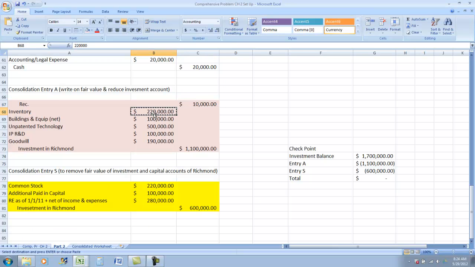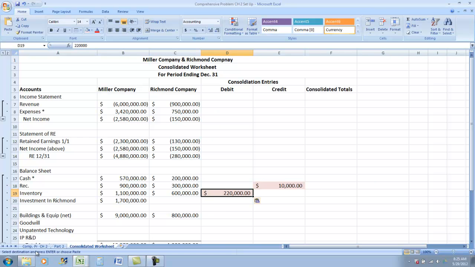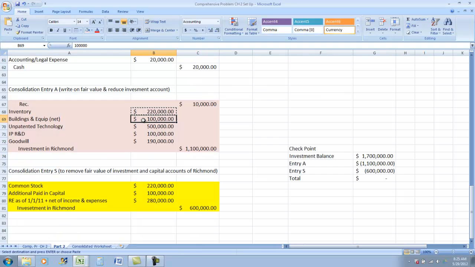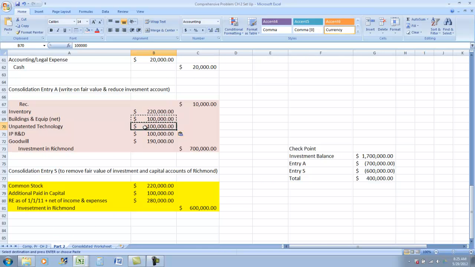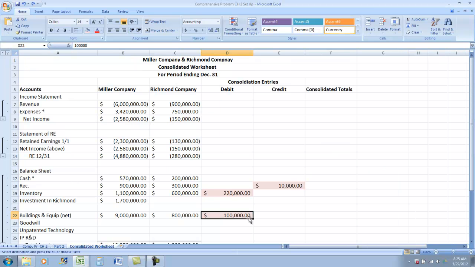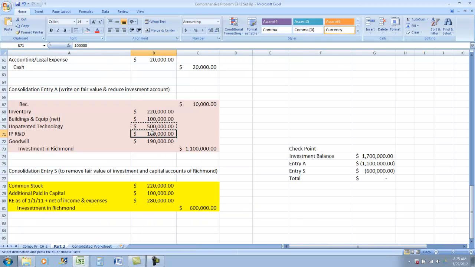Then, this is a debit. I'm going to debit inventory. Then I'm going to debit buildings and equipment. Then I'm going to debit unpatented technology. Then I'm going to debit in-process R&D.